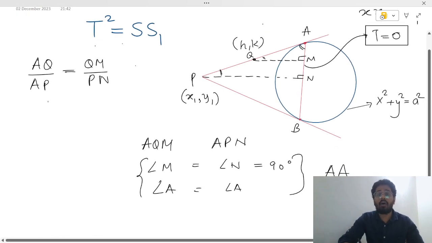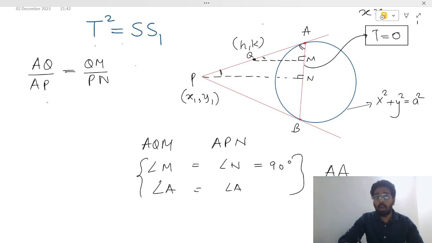AQ is the length of tangent from the point Q. The formula is root S1. If you want, you can assume the point as h comma k, or x comma y, totally depends upon you. Assuming x comma y gives you more feel, so the length is root S. And what is AP? Root of S1. Those who do not know, make a note of it: the length of tangent is root of S1.